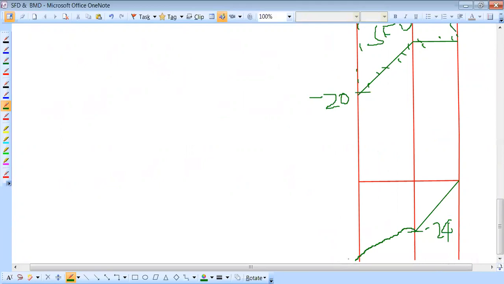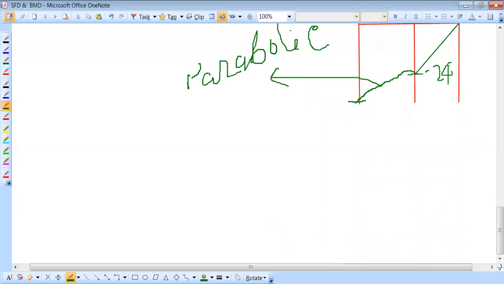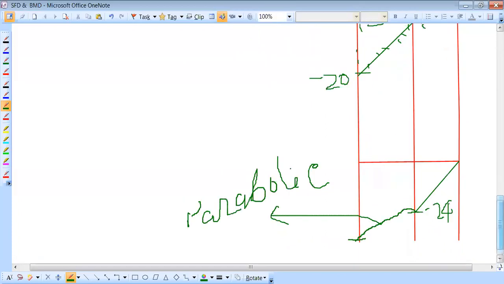This parabolic curve is not a straight line. It is of parabolic nature. So this one is equal to minus 120. This is the BM diagram for this loaded beam.